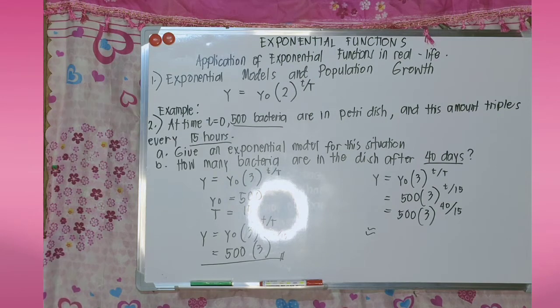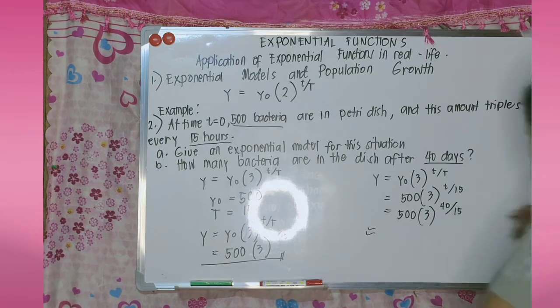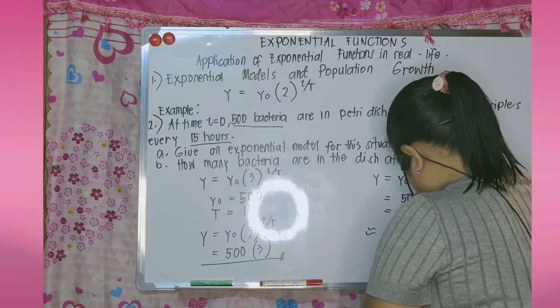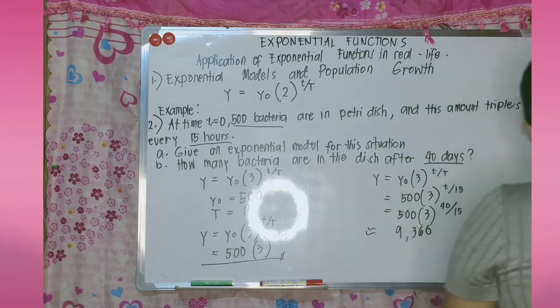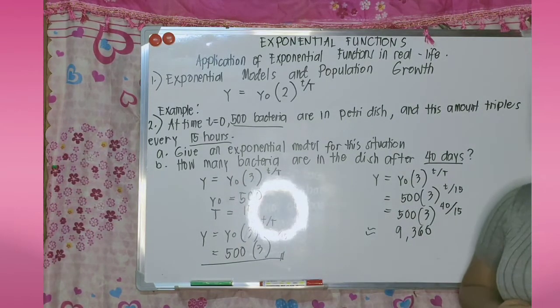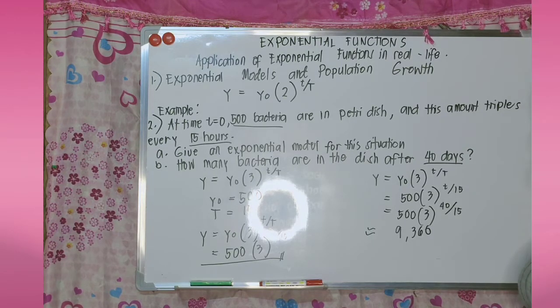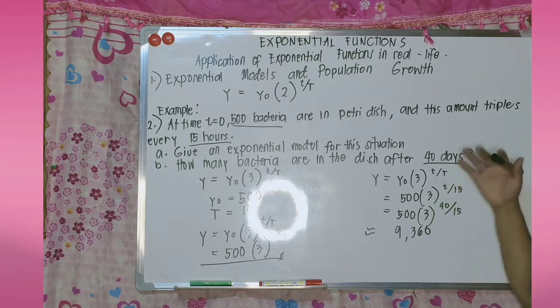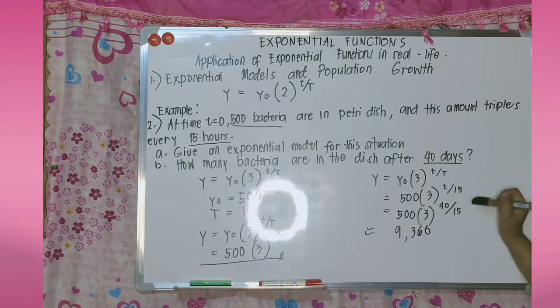So, ang sagot natin dyan is approximately... Okay, so ayan. Hindi ko na ipakita. Basta pag ginamit nyo siya or input nyo siya sa scientific calculator, ilagay nyo na 500 times 3, tapos exponent, ilagay nyo is yung fraction natin na 40/15.